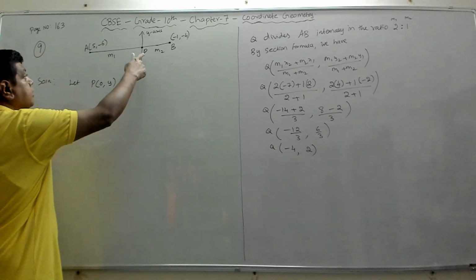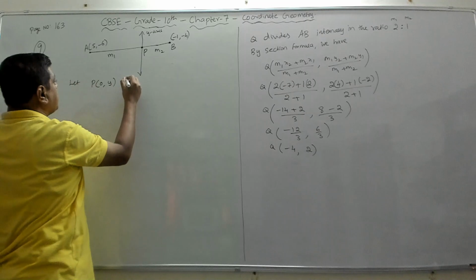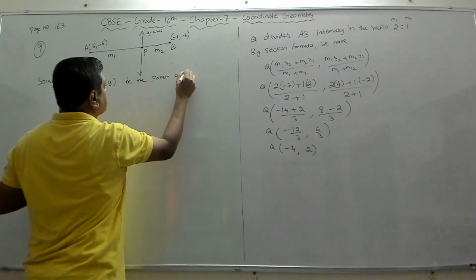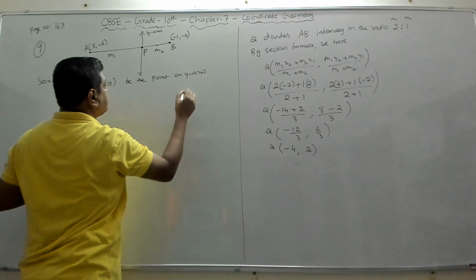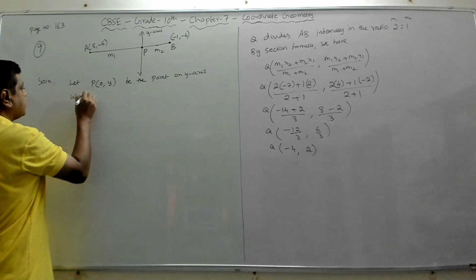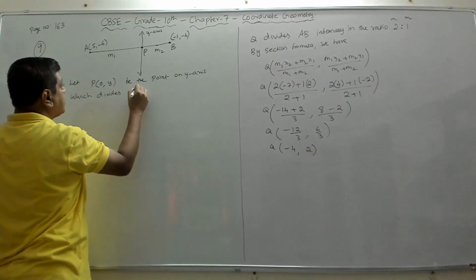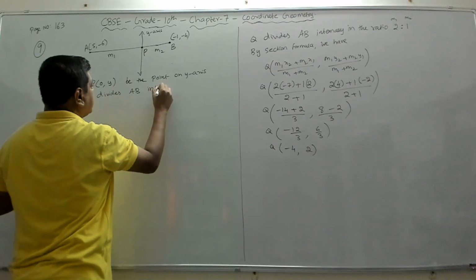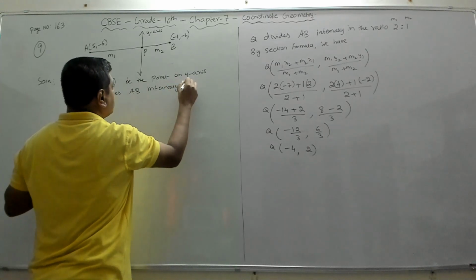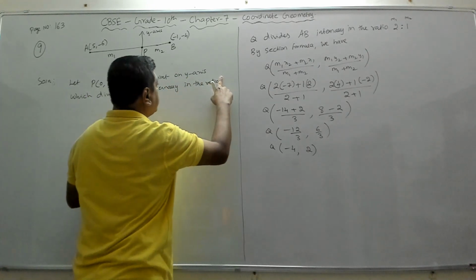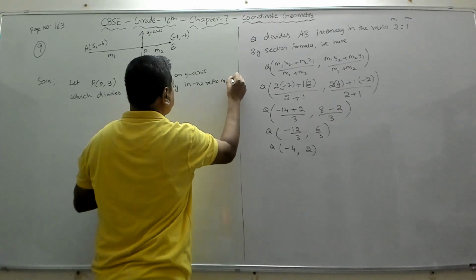So point P lies on the y-axis. So let P of 0 comma y be the point on the y-axis which divides AB internally in the ratio M1 is to M2.